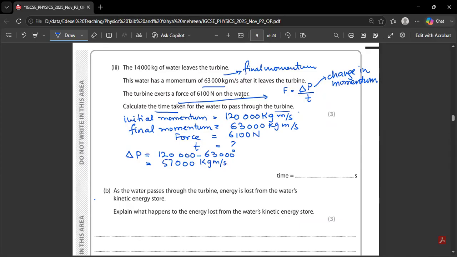And the force is there. We can divide the change by the force, right? So it's going to be 57,000 divided by 6,100. What are we getting here?